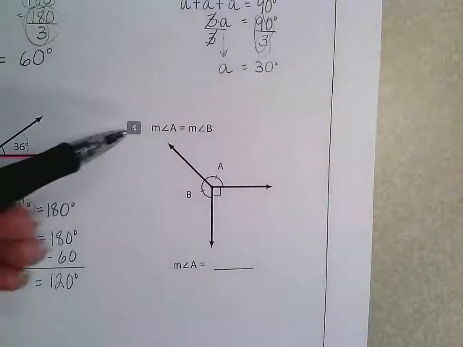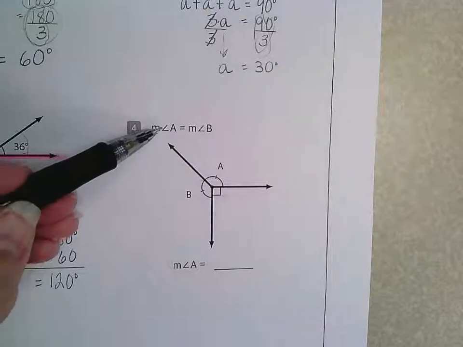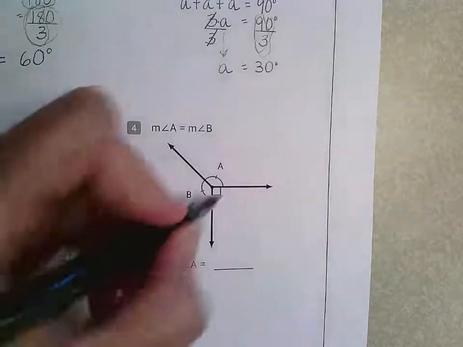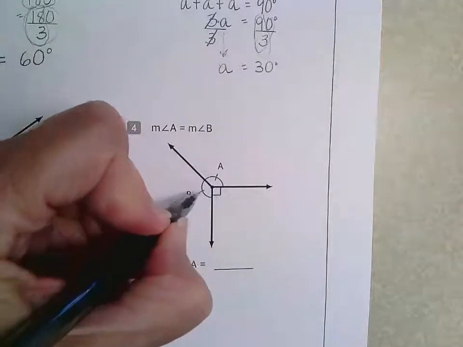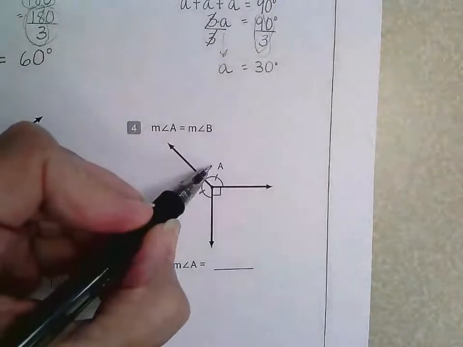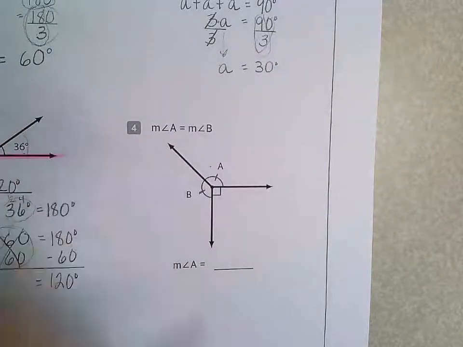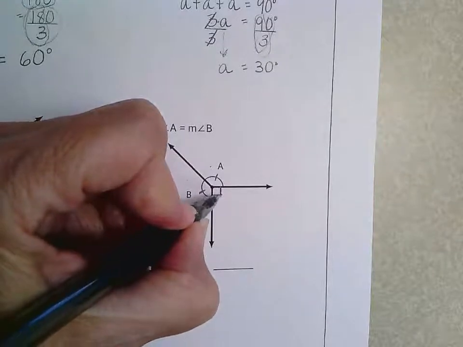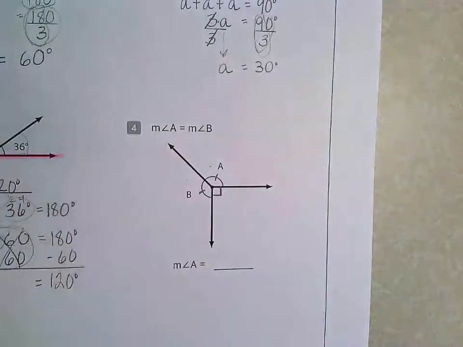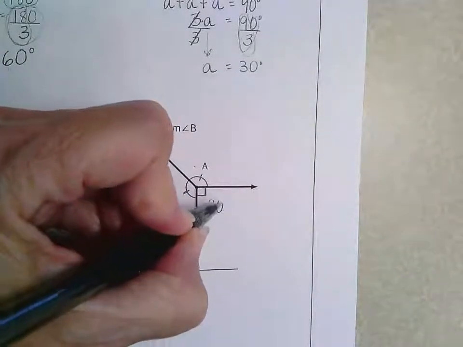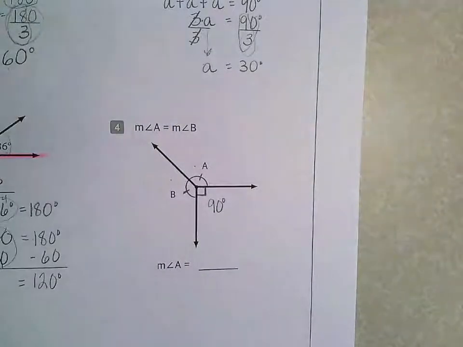Okay, number 4. The measure of angle A is equal to the measure of angle B. When I look at my picture, you can see I have tick marks that indicate that. It indicates that whatever this angle measure is, this one is the same thing. It also tells me that this is a right angle, and I know that right angles have a measure of 90 degrees.